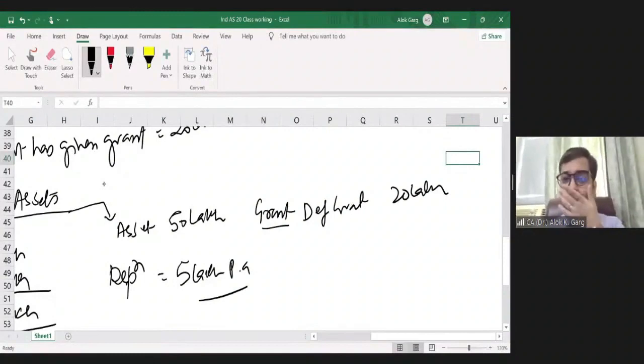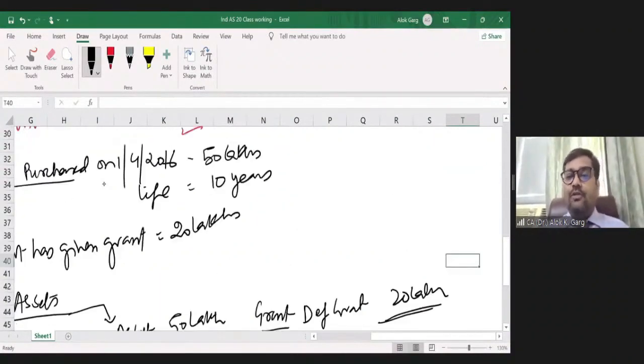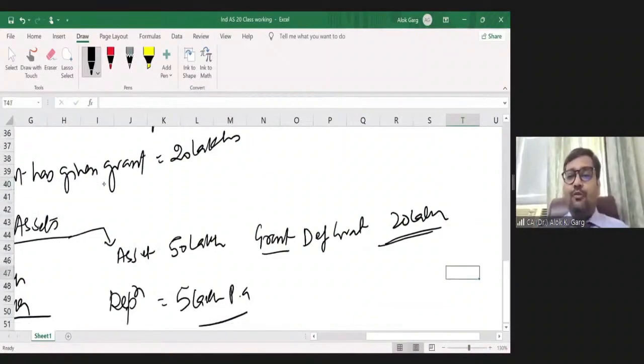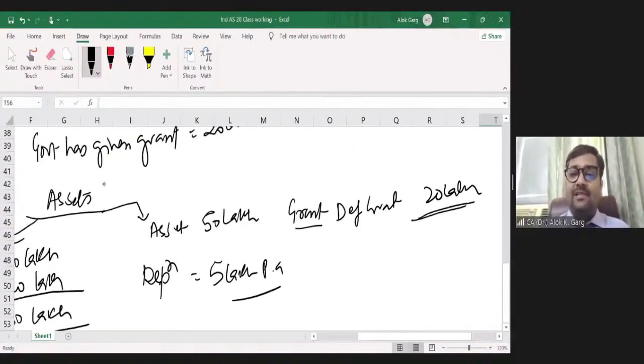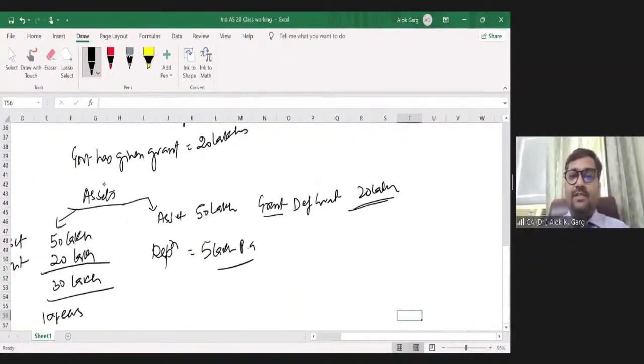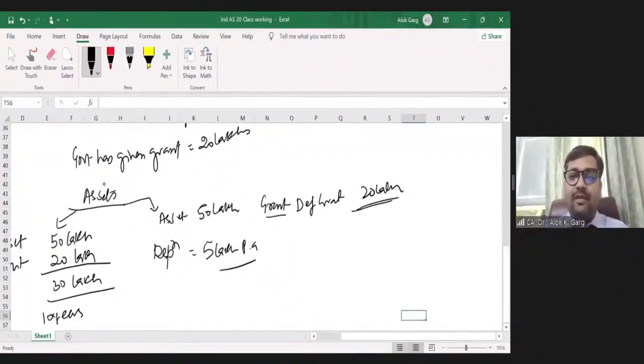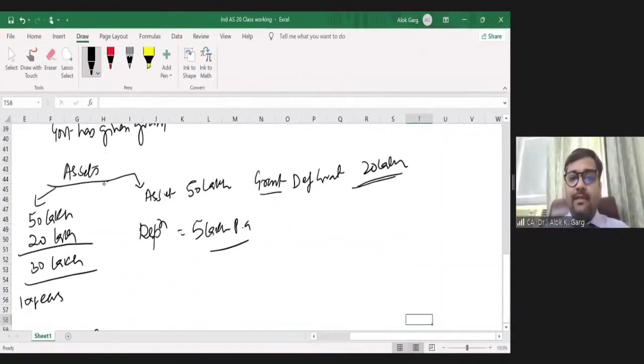So the standard says that this 20 lakh is also going to be recognized in the P&L on a systematic basis, in the same way the expense is recognized.